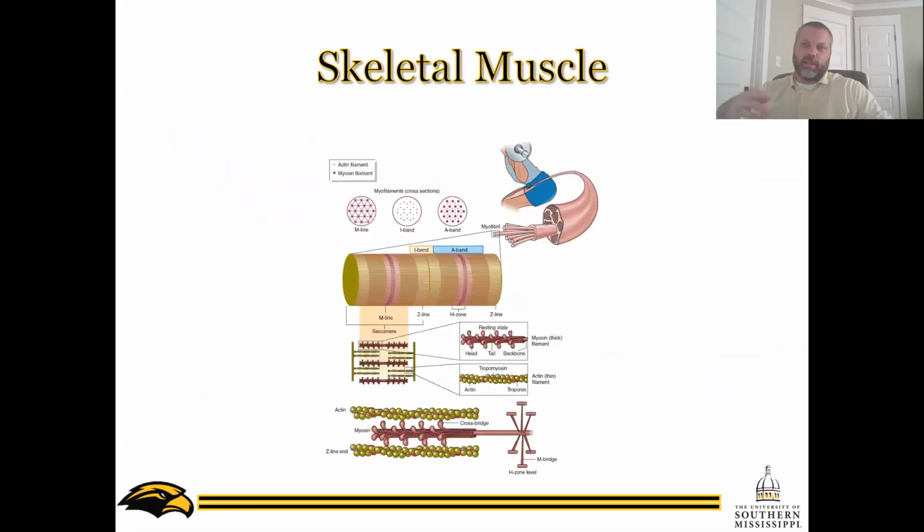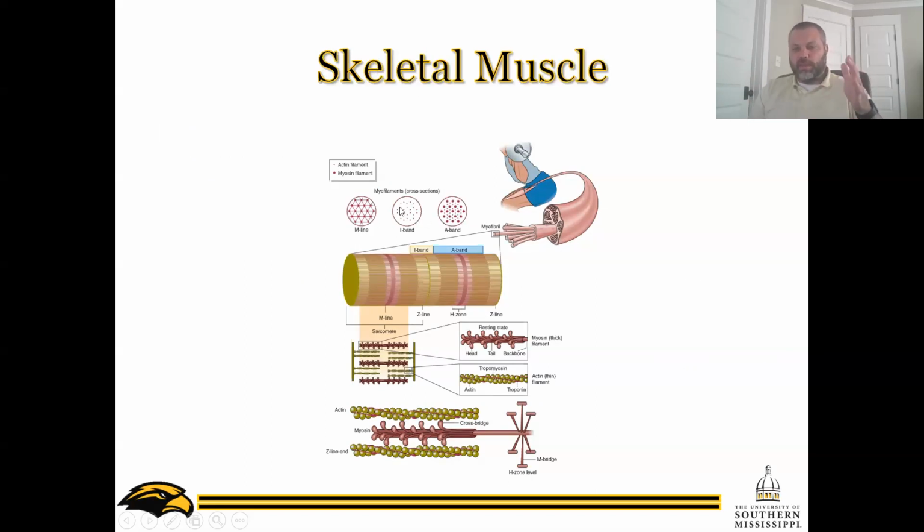So if we're looking at this from a skeletal muscle perspective, right, we're seeing that our actin and myosin arrangement is not just a clear straight line arrangement, right? It's going to be three-dimensional. It's going to have this kind of circular pattern to it.